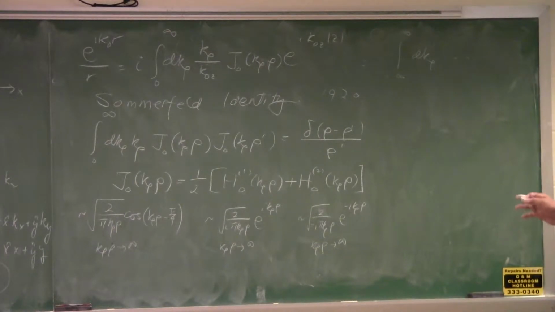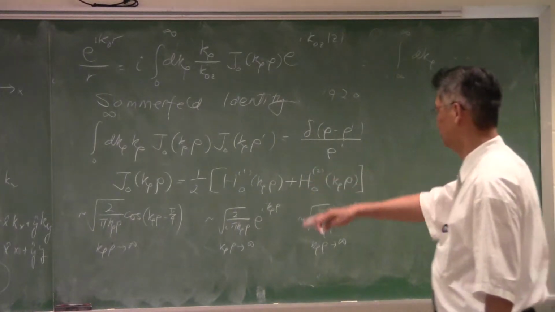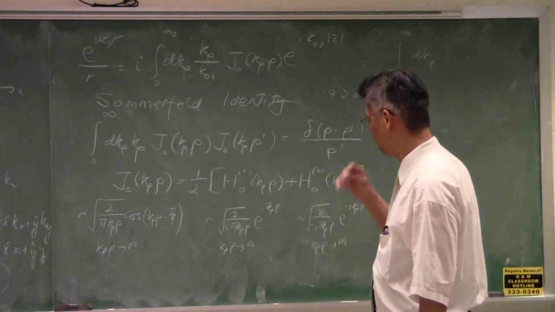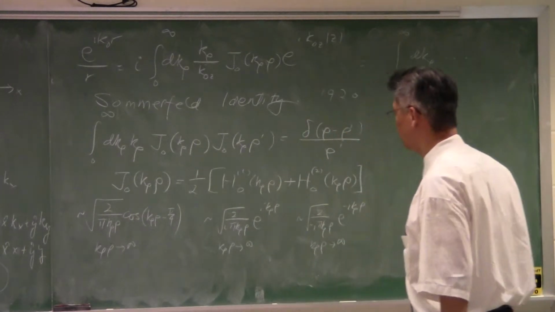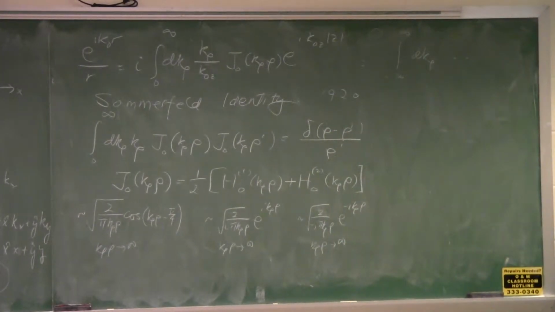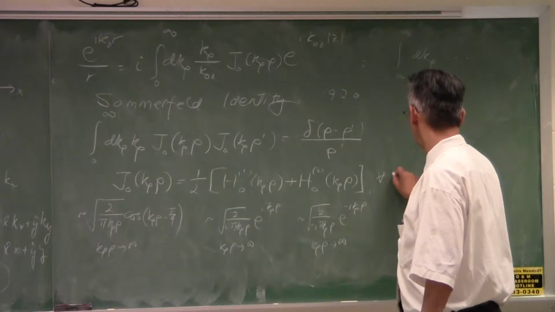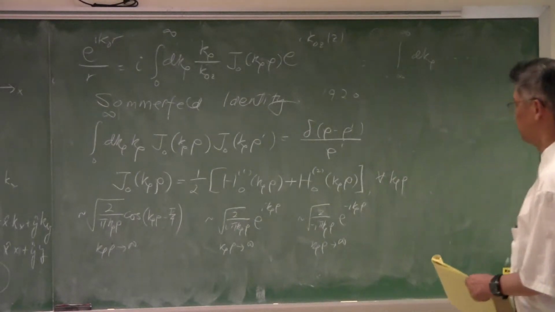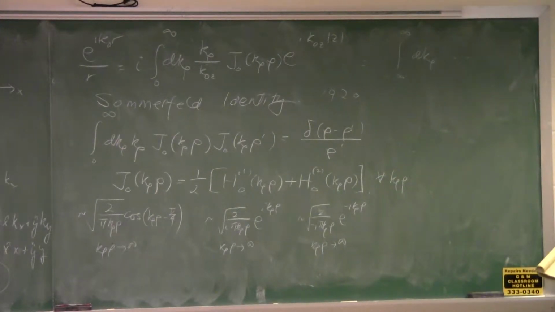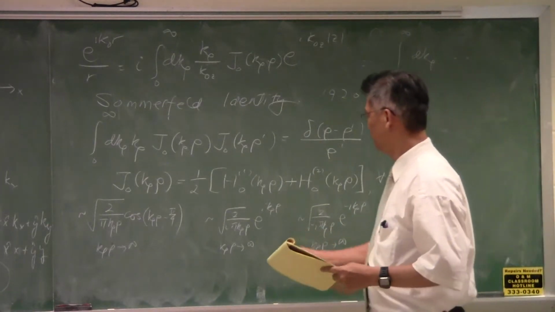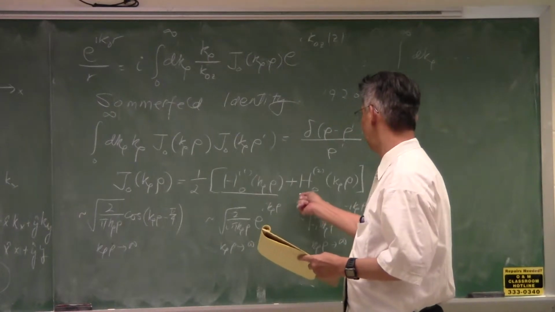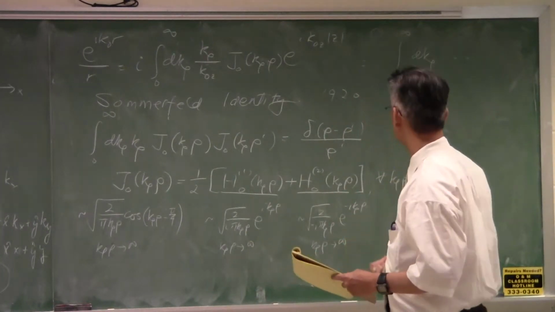And hence, you can actually show that this is true, that you can combine these two, at least from the asymptotic expansions, but it's actually always true, even when k rho is small. This is true for all k rho. And if you do this, then we can break this integral into 2 integrals, one that involves the Hankel function of the first kind, and one that involves the Hankel function of the second kind.